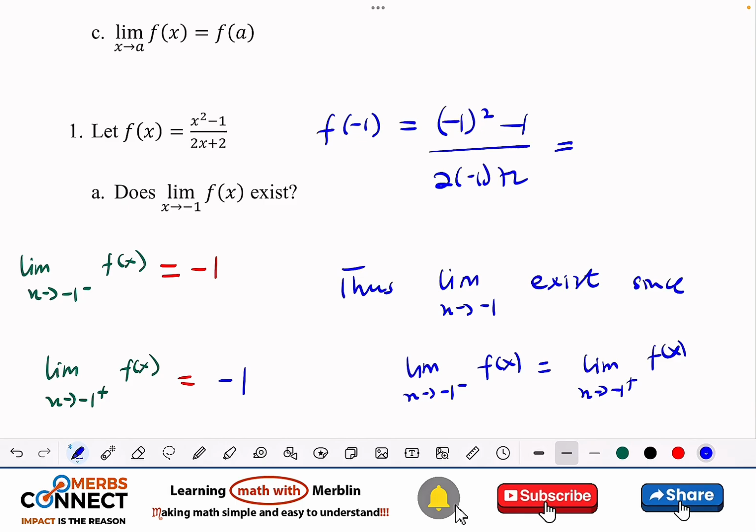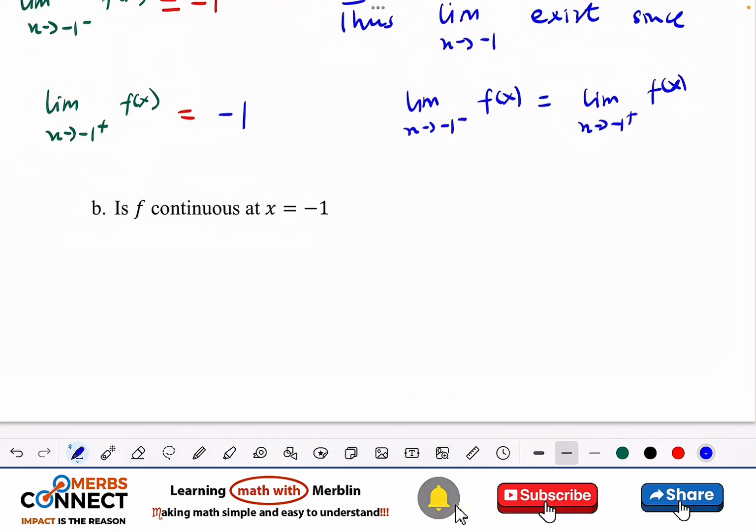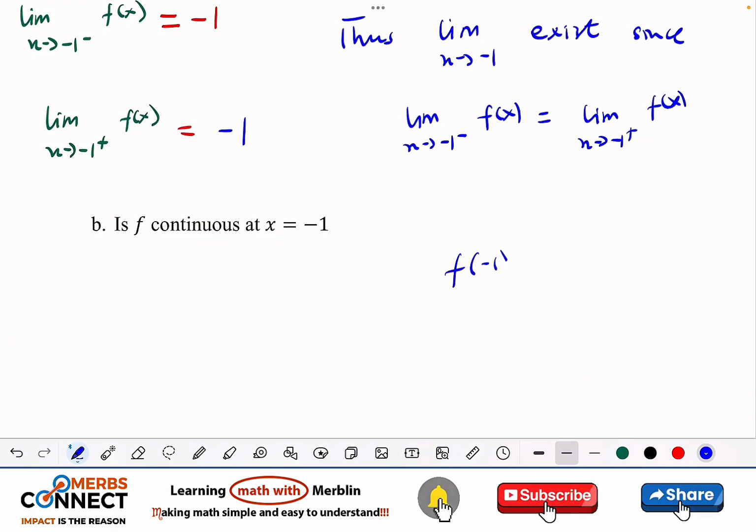So this is going to be 1 minus 1 divided by 2 minus 2, and this will be 0 divided by 0, which is indeterminate.